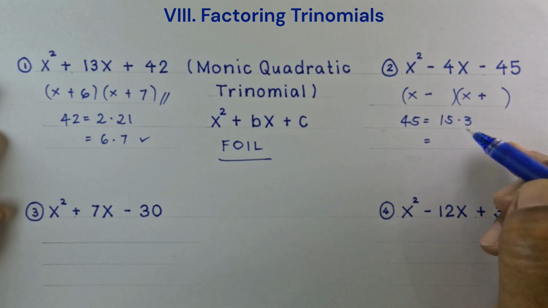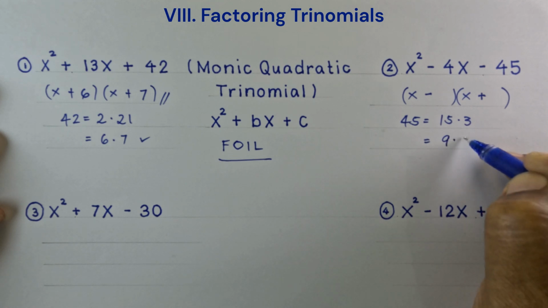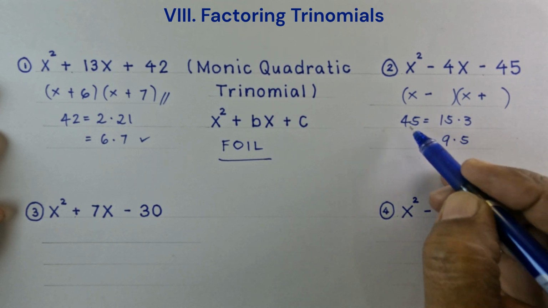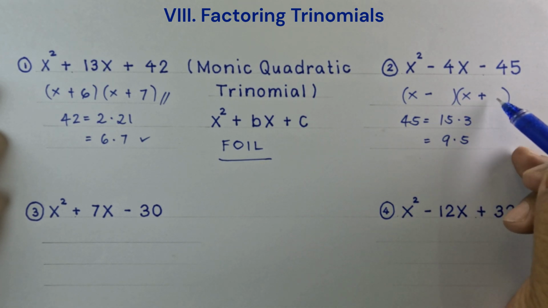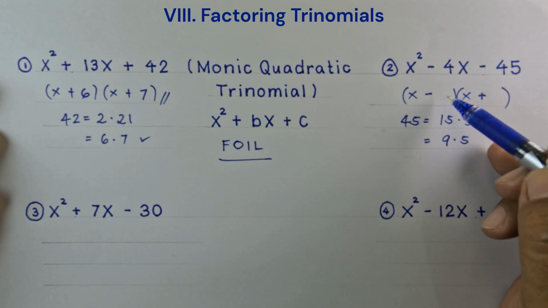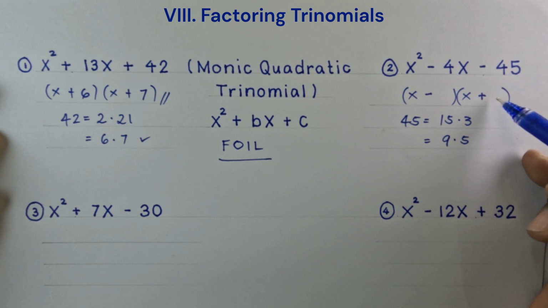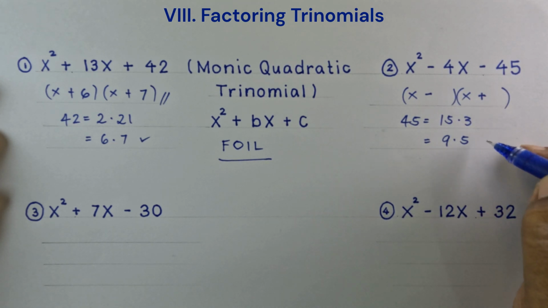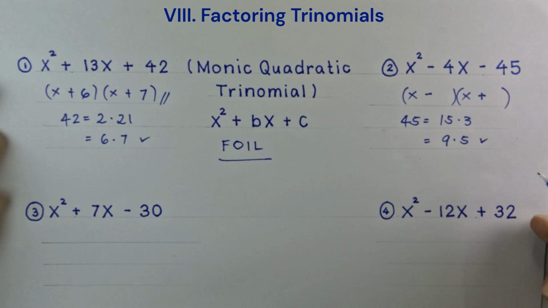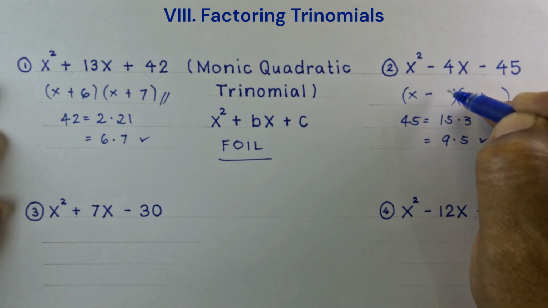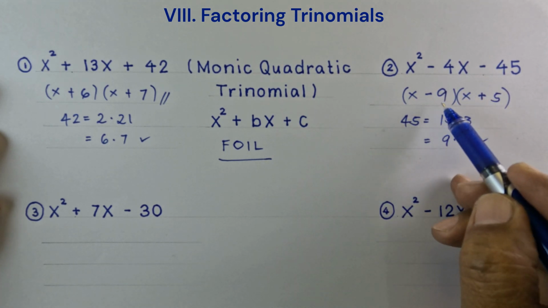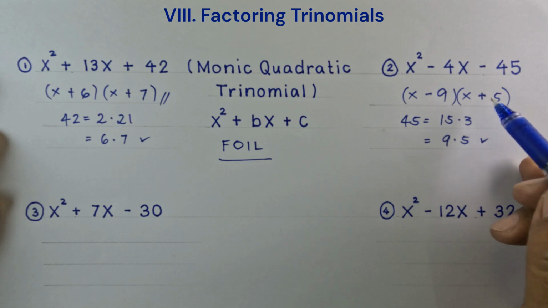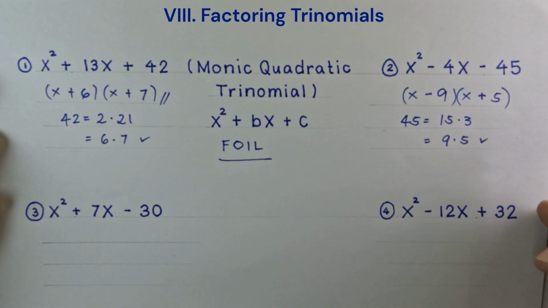Let's try 9 times 5. So 9 times 5 is 45. If I place 9 there and the 5 there, so that would be minus 9 plus 5 is minus 4. So therefore, this is the right pair of factors. So I write here 9 and the 5 there. So minus 9 plus 5 is minus 4. So we're good with that.